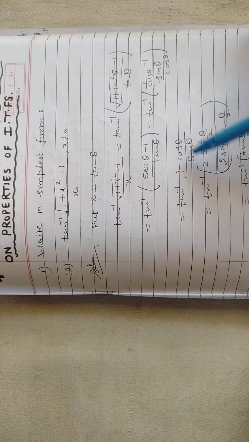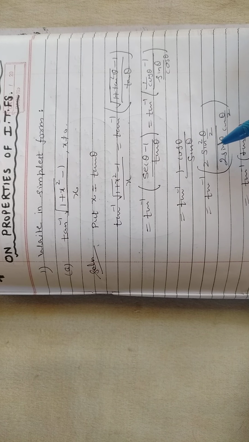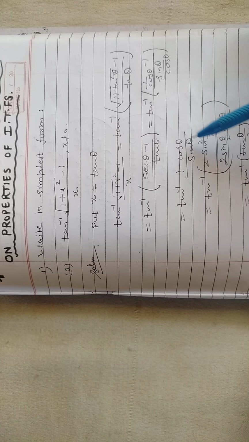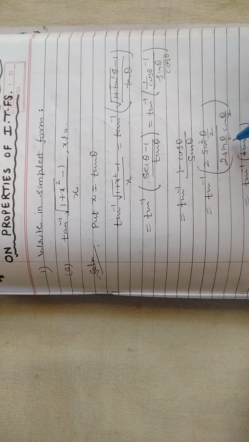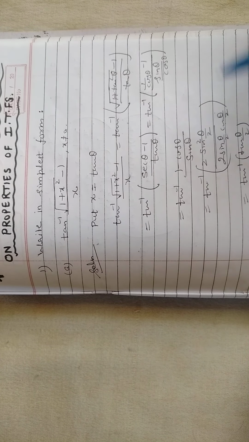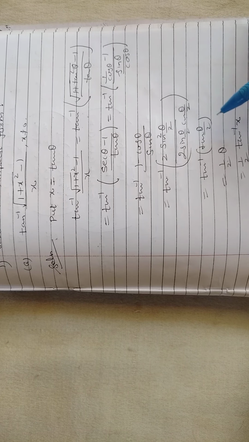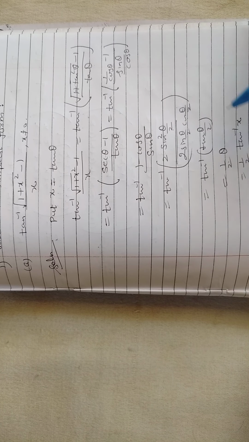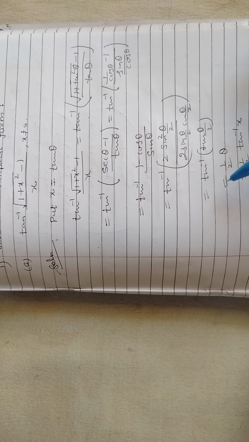And in 11th class, you have read that 1 minus cos theta is 2 sine square theta by 2, and sine theta is 2 sine theta by 2 cos theta by 2. 2 sine theta by 2 will get cancelled. So you will get tan inverse tan theta by 2. Now tan inverse will get cancelled with tan.